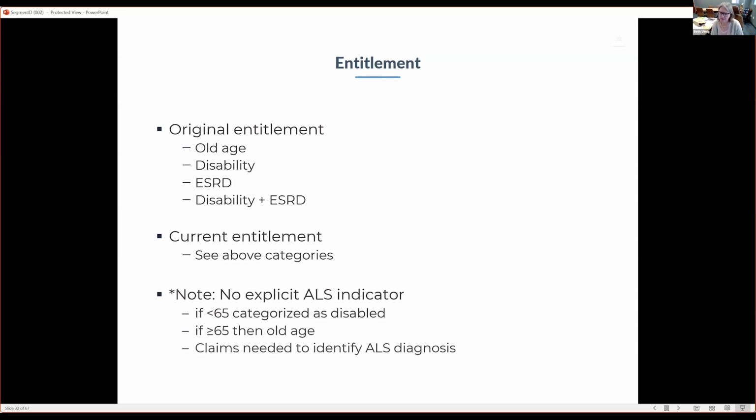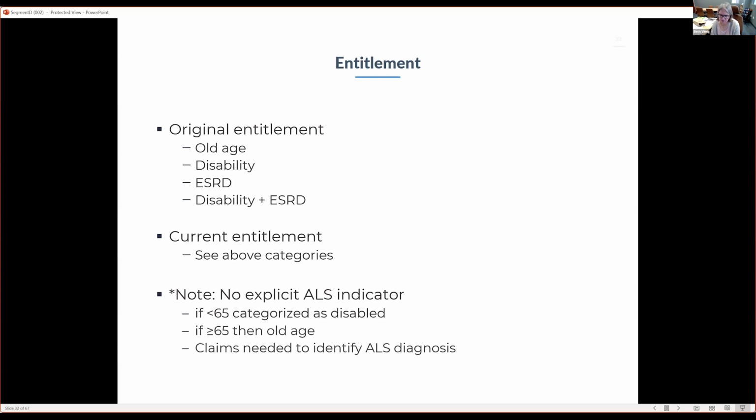Current entitlement is the same. So if somebody's original entitlement was disability and they've now aged into Medicare, their original entitlement would be disability. Current entitlement would be old age. That's one way, when we want to look at what happens to certain people or people with certain diagnoses as they age in, that we find them.